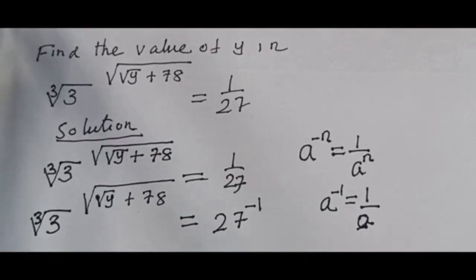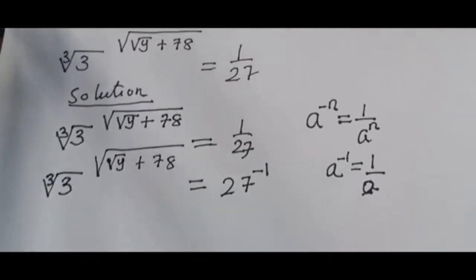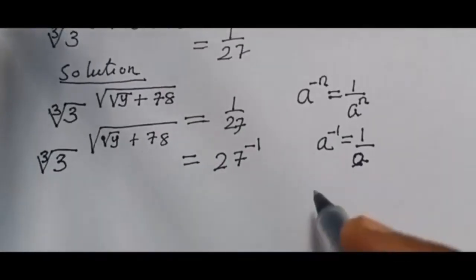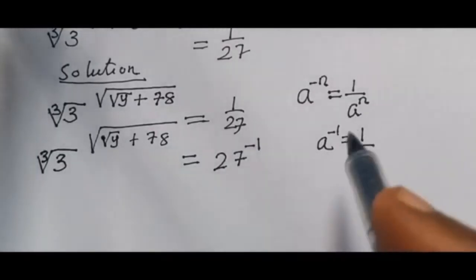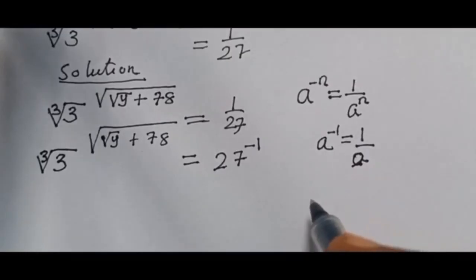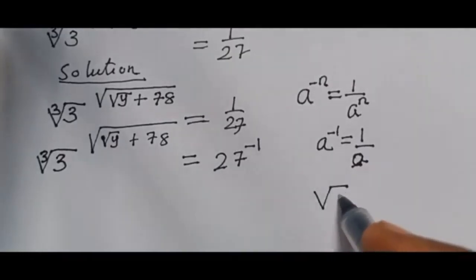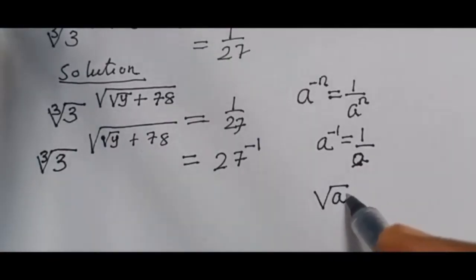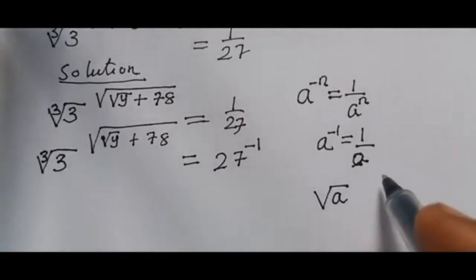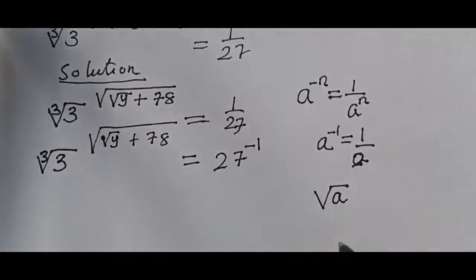Okay, let's go. Again, this side we can apply the rule of indices which are in the form of fraction, known as radicals. We know the cube root of a equals to a raised to 1 over 3.